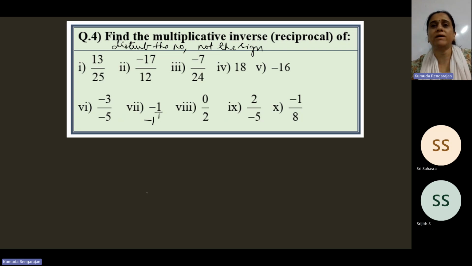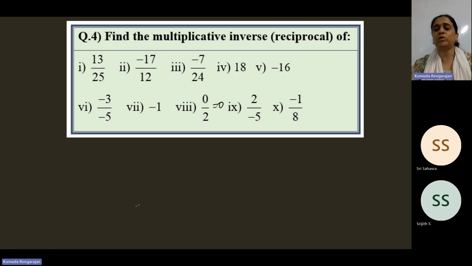The next one, 0 by 2. 2 by 0, which means it's not defined. What is 0 by 2? 0 by 2 means 0. The reciprocal of 0 is not defined. What's the reciprocal of 0?